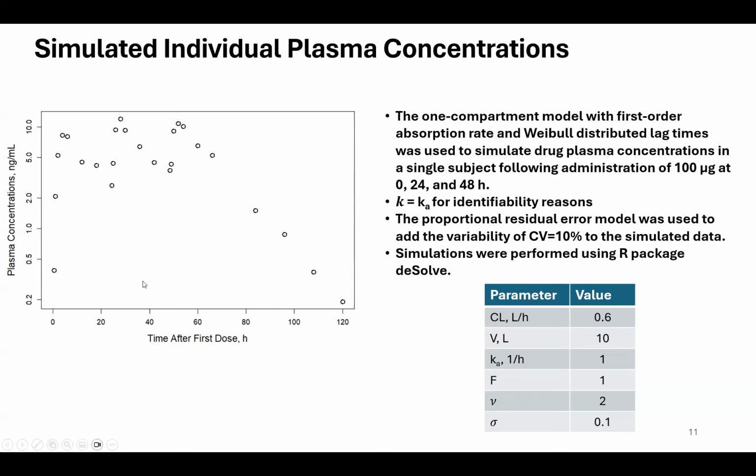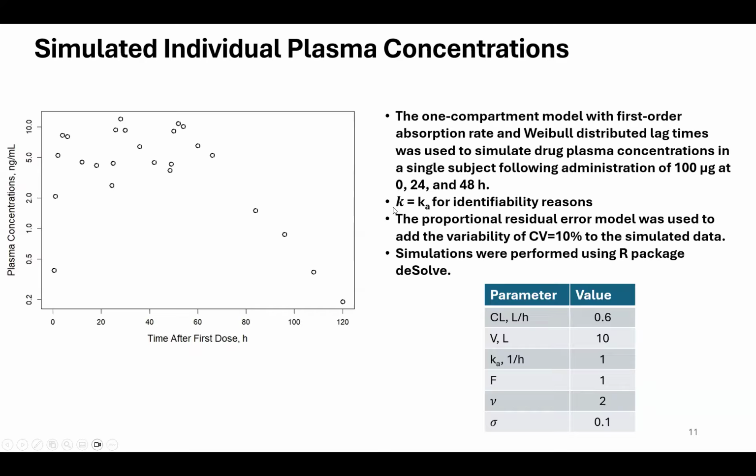And then I have this dense sampling times for observations to pretty much make this data very dense and not to create any issues with sparseness when it comes to fitting this data and estimating the parameters.